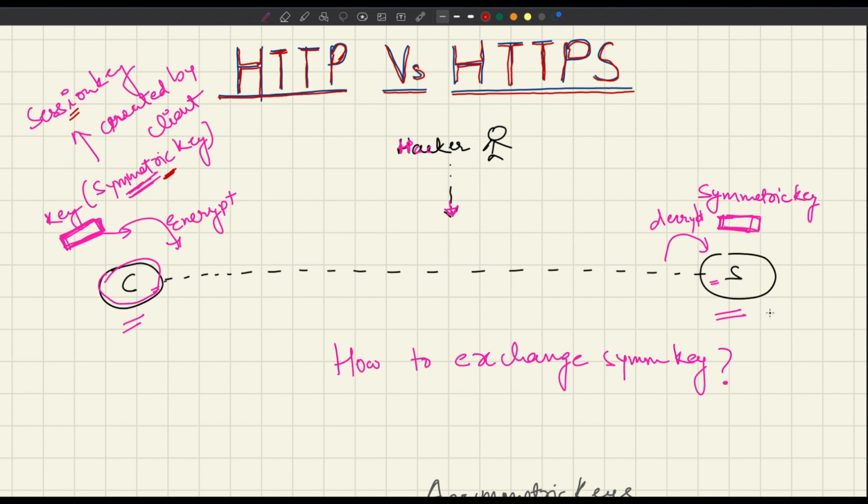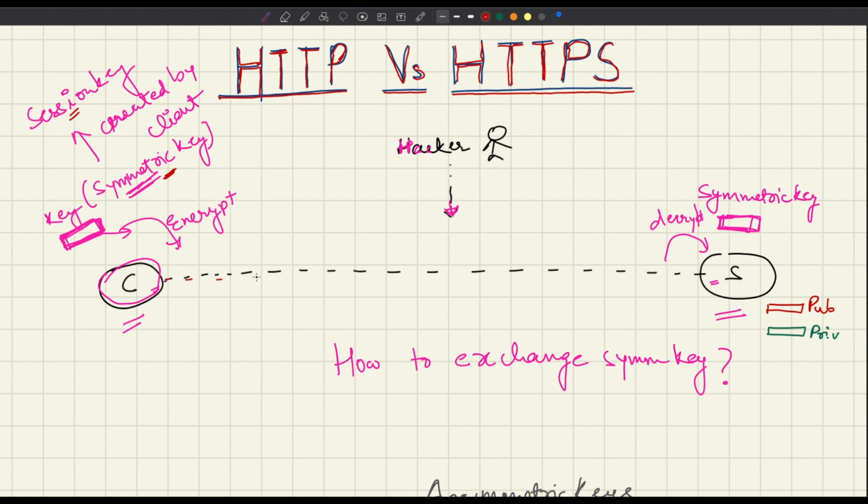So the public key and the private key are going to be with the server. Server will have its own public key. So let me draw the private key with some other color. So green, this is the private key. So this in red is the public key. So what happens essentially?